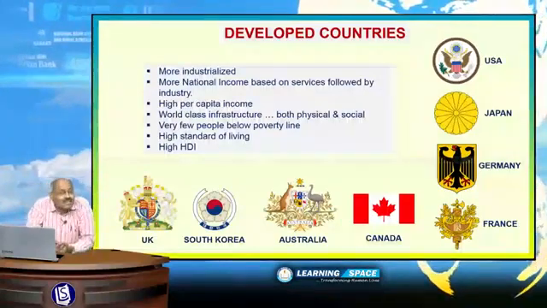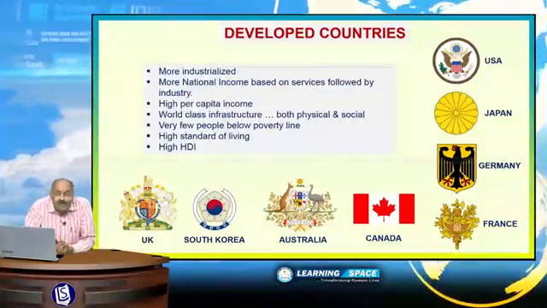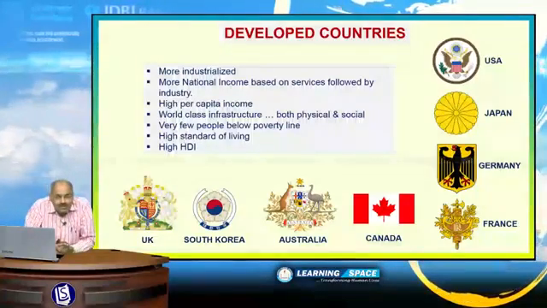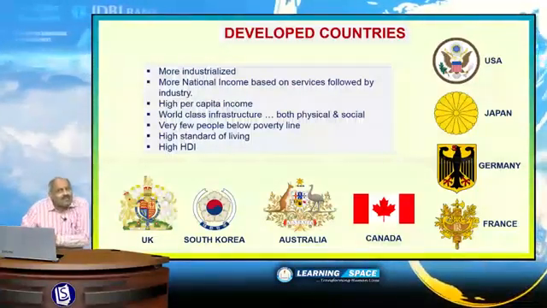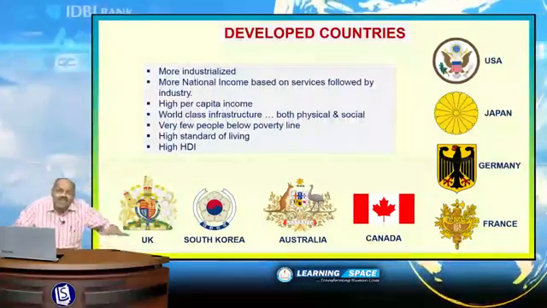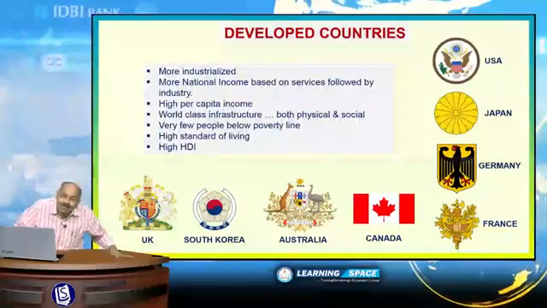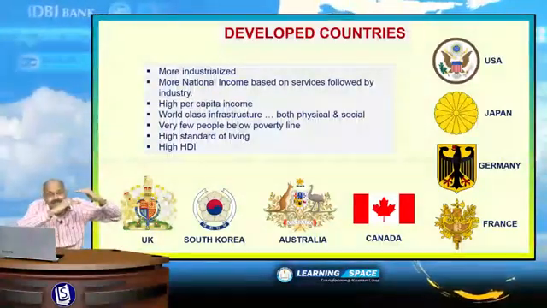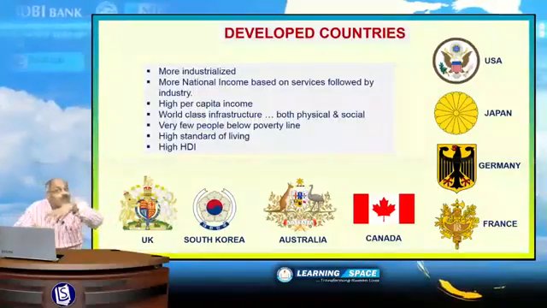In developed countries, the predominant feature is that they are more industrialized. The agriculture related income in overall GDP is very less. Predominantly it is services followed by industry. That is the basic trait of developed countries.